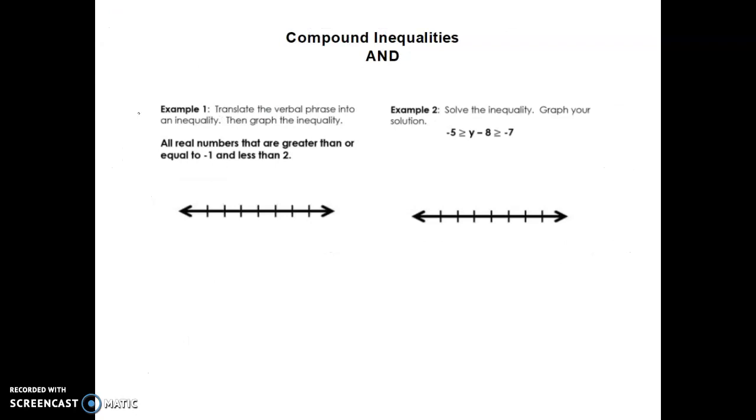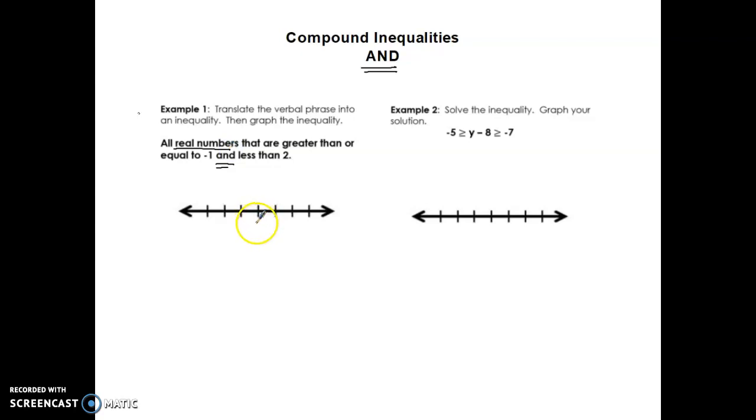This is page 30 in your ISN, and there's two types of compound inequalities, and and or. So on the and, example 1 and 2, it gives you two things that you're looking for in the inequality. Translate this verbal phrase into an inequality and then graph it. So all real numbers, we have to remember real numbers are rational and irrational.